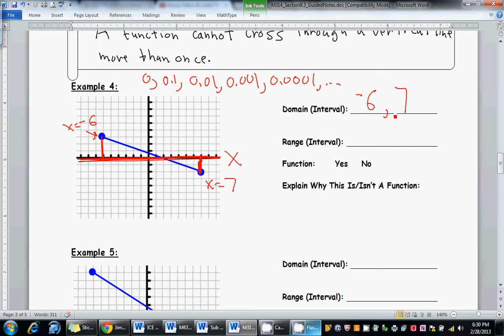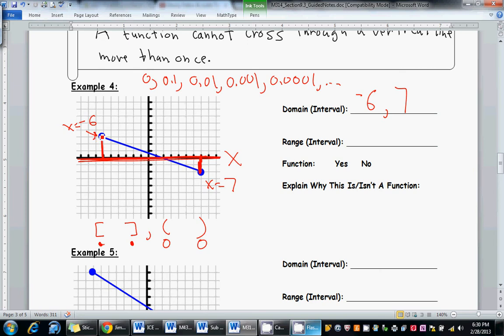Now, the final piece to this is something we talked about way back when in chapter 1. And that's brackets and parentheses. Hopefully, these look a little familiar. Remember, brackets went with closed circles. Parentheses used to go with open circles.